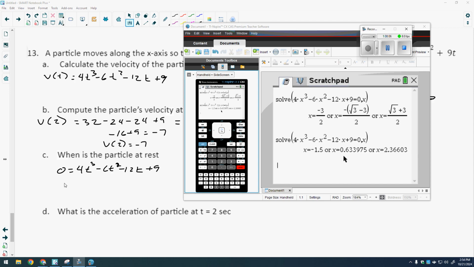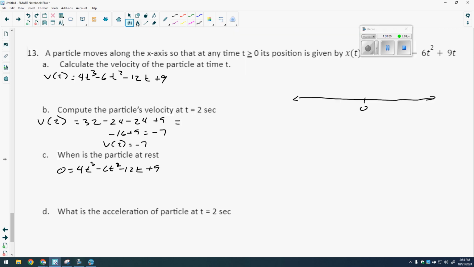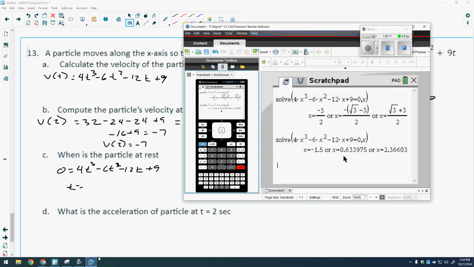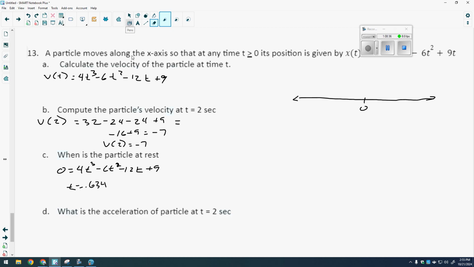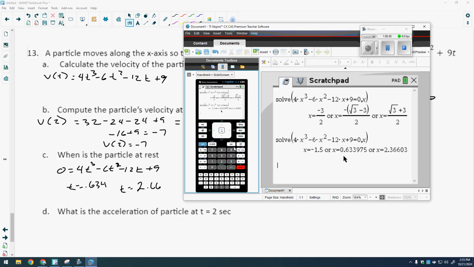The particle is going to be at rest when t equals 0.634 and 2.366.